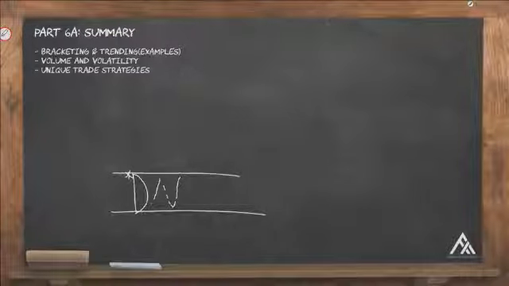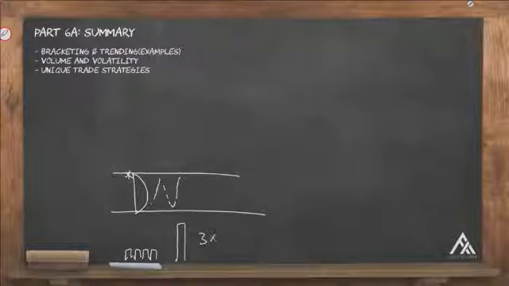Now, if we see a very large pickup in volume, so let's say on average over the course of the day we've been seeing lots of little volume bars, and all of a sudden we see almost 3 times or 4 times the volume being traded over a period of a session on the break of this key reference point. That volume is a key identifier of new business that has come into the market.